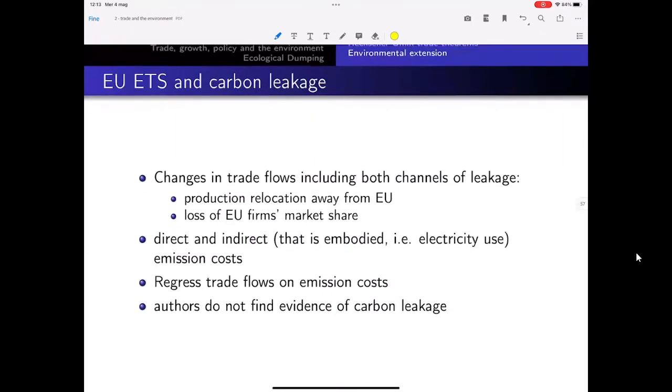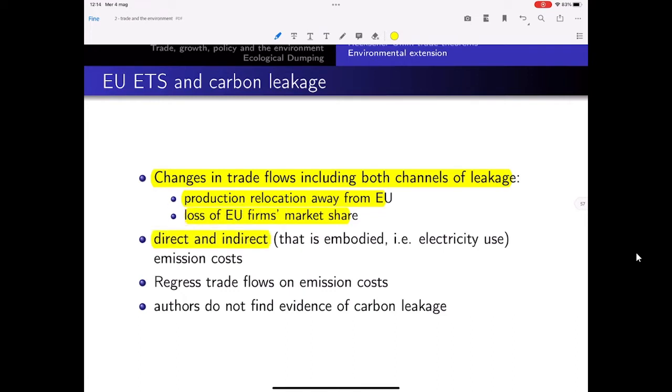Okay, so let's see, first of all, some results and then some further insights that might be useful in order to understand these results. The changes in trade flow consider two channels of leakage. One is production relocation away from the EU, and the other is the loss of EU firms' market share. Therefore, as I already mentioned, direct and indirect costs.